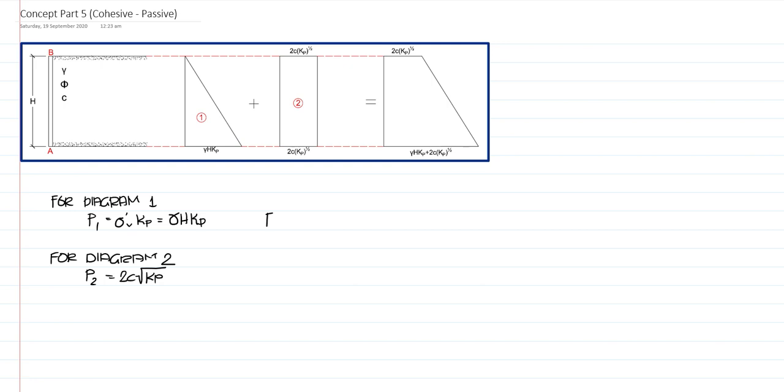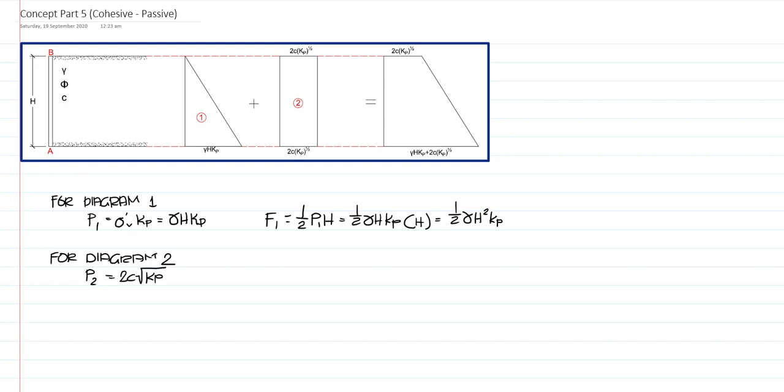So, for our force number 1, we will just have 1 half times the value of P sub 1 times the height H. So, that is equal to 1 half gamma H Kp times the value H. So, that will be 1 half gamma H squared K sub P. So, yan ngayon yung force number 1 natin.